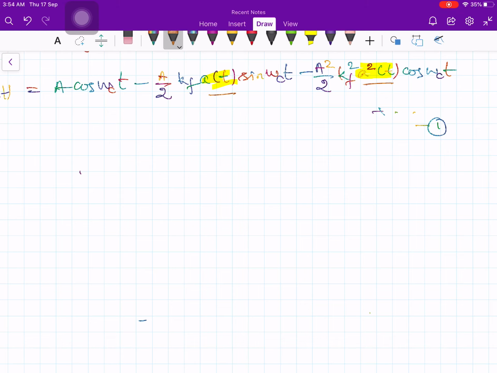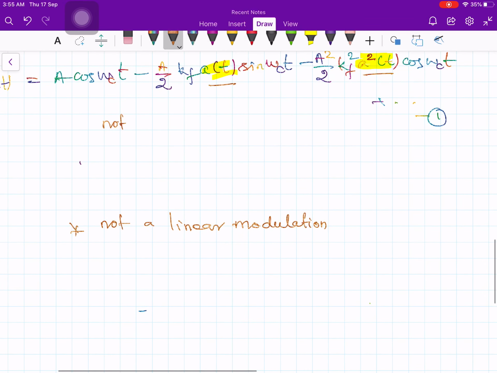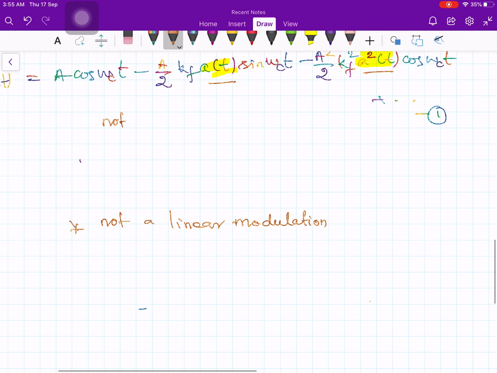Therefore this is not a linear modulation. Okay, it is a non-linear modulation. That is the first point we will observe. Okay, but this becomes more explicit now.